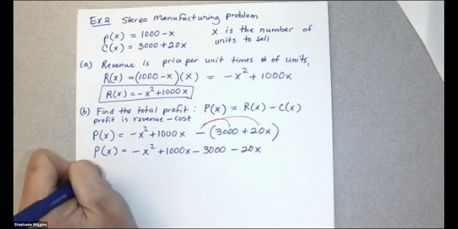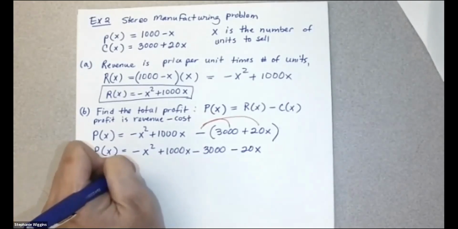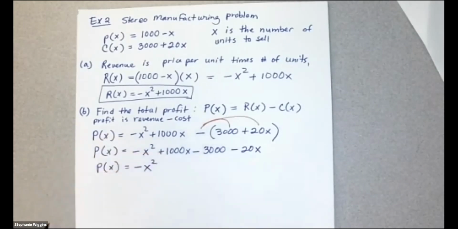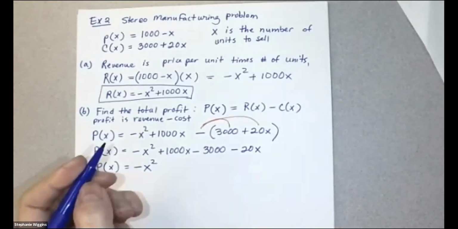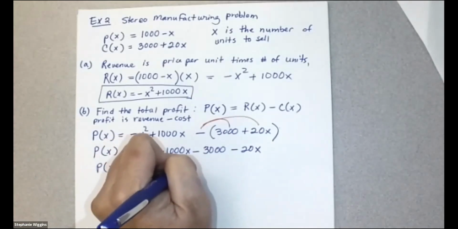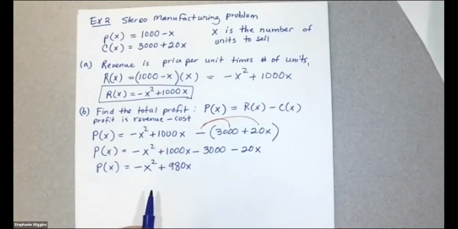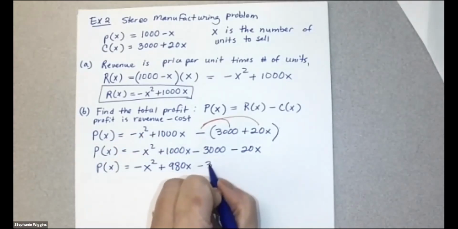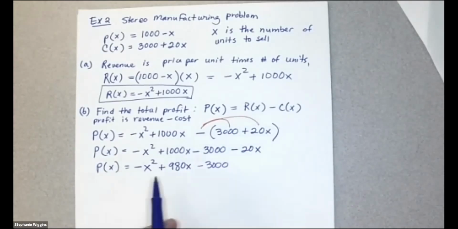And we want to combine like terms, so it's going to be minus X squared. 1000X minus 20X is going to be 980X. And then the constant term is negative 3000. So here's my function for profit.